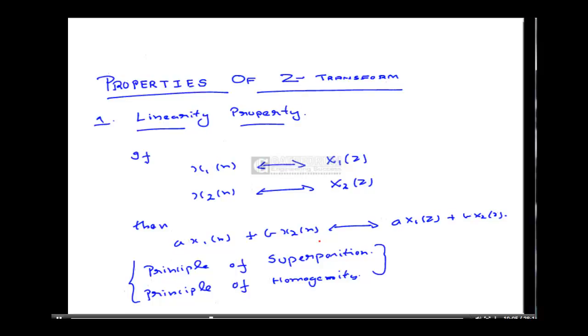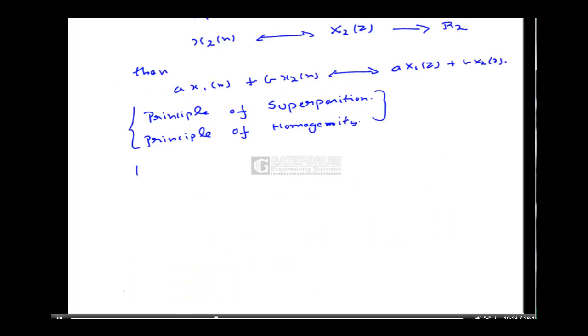We have seen that a Z transform can have different ROCs. As far as the ROC is concerned, suppose this Z transform has ROC R1 and this Z transform has ROC R2, then a X1(z) plus b X2(z) will have the ROC R1 intersection R2 at least.